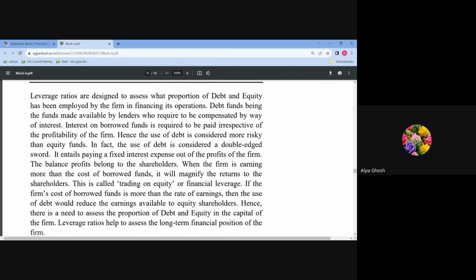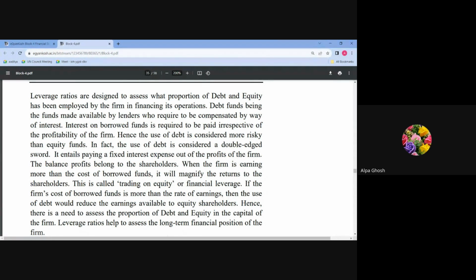They don't want to distribute the profit with others. So instead of raising the funds with equity shares, they prefer to raise it in the form of borrowed fund. The process through which they do not want to raise funds through equity just because they want to enjoy more profit, more ownership in the firm, is known as trading on equity, and this is what is known as financial leverage.